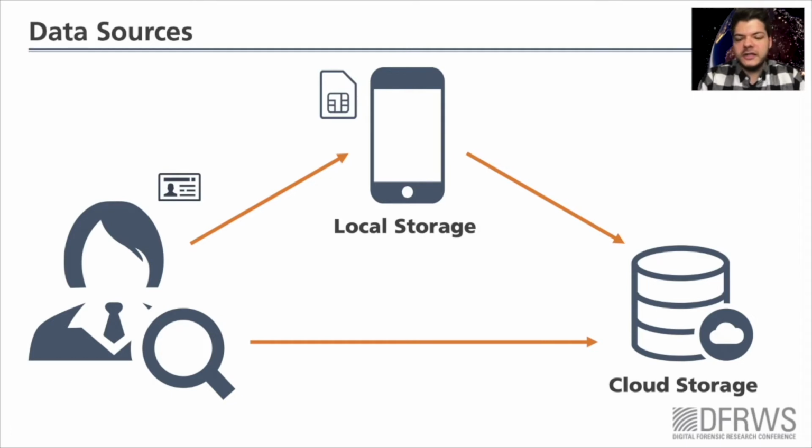As we've seen at the beginning, most providers offer registration using your phone number. And if you've got access to a person's SIM card, for example, you can easily generate a new token and then you can access the cloud storage. So you do not need any password and you can access the data.